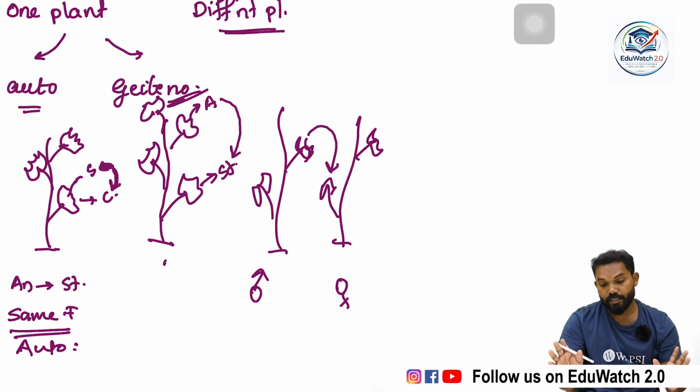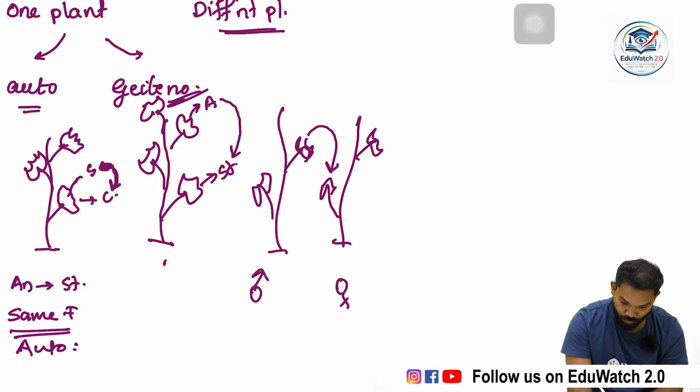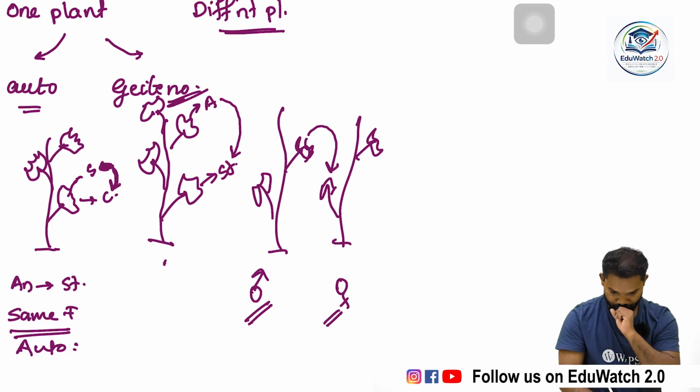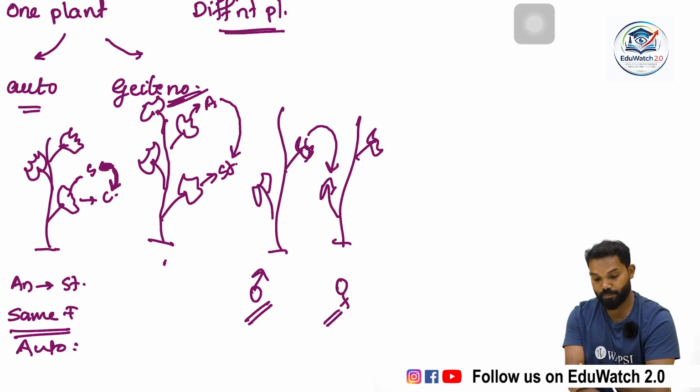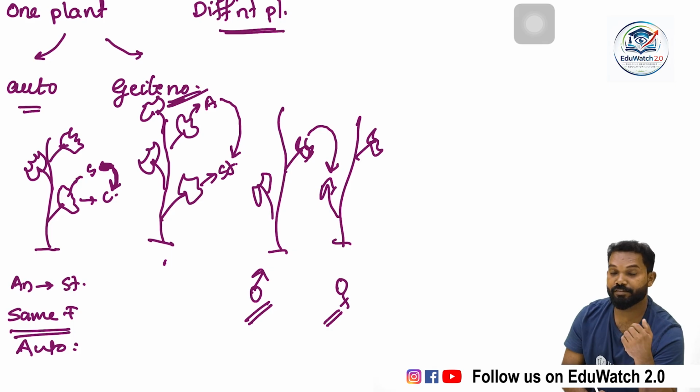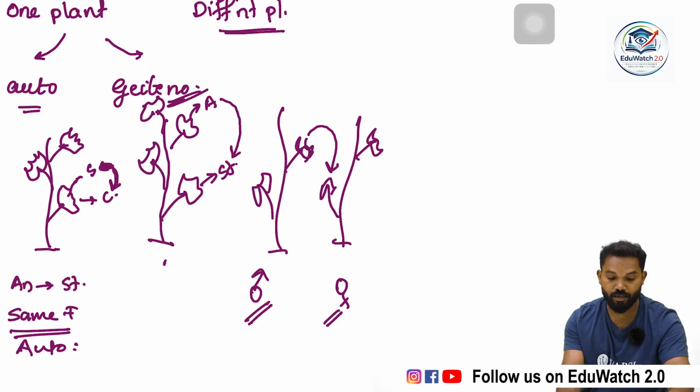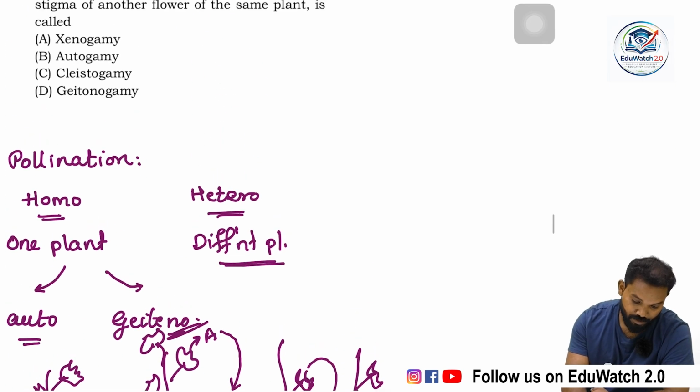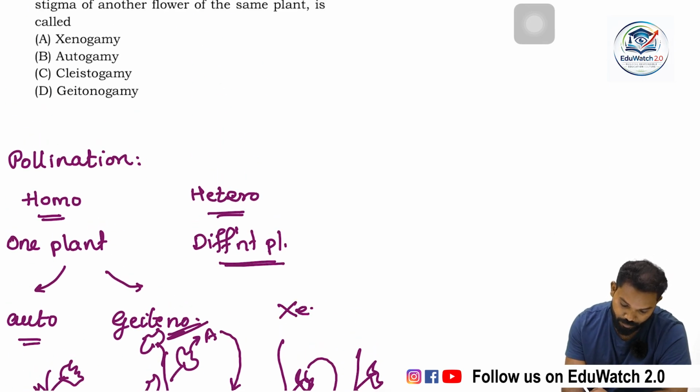That means it takes place between two plants, not only two flowers. So one male flower transfers pollen grain to the female flower of the same species on another plant. This phenomenon is known as xenogamy.